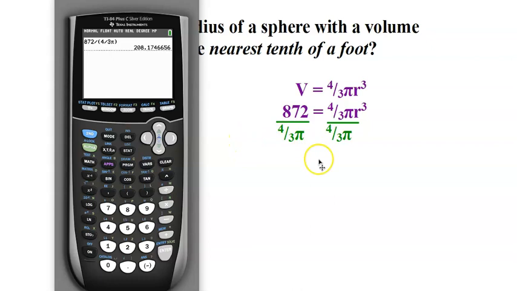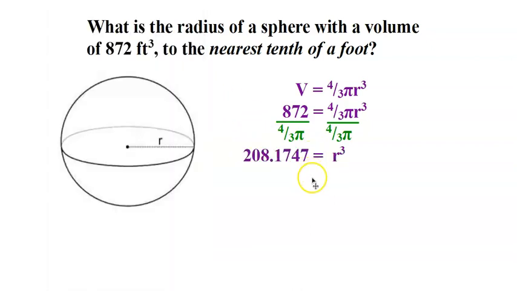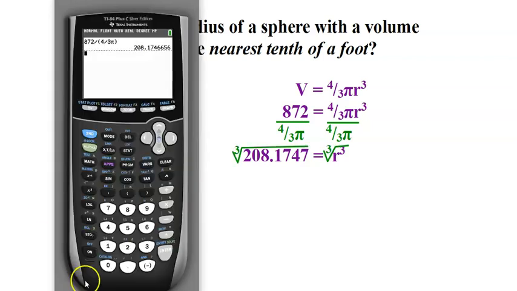Okay, we don't want to round this off until we absolutely have to, because otherwise it'll throw our answers off. So we have approximately 208.17466 equals r cubed. I don't want r cubed, I just want r. So how do you get rid of that cube? Well, just like when you get rid of a square, you square root it. We're going to cube root it. So we need to cube root both sides.